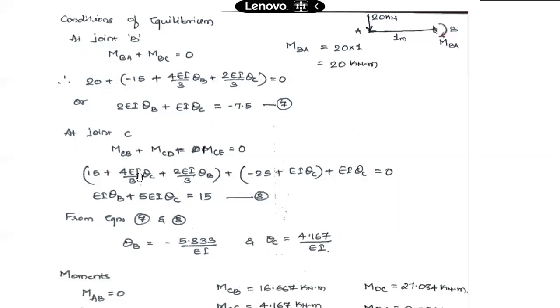We had already this equation 2, and equation maybe 5, and like this. So I have made use of those slope deflection equations in this. MCB is 15 plus 4 EI by 3 theta C plus 2 EI by 3 theta B. Okay, MCD is minus 25 plus 2 EI theta C. If you look at those first 1 to 6 equations, from there itself I have taken these: MCB, MCD, and MCE.